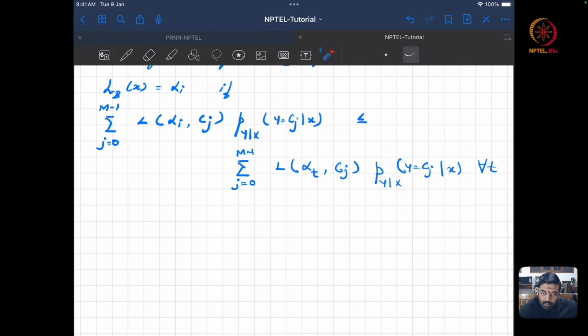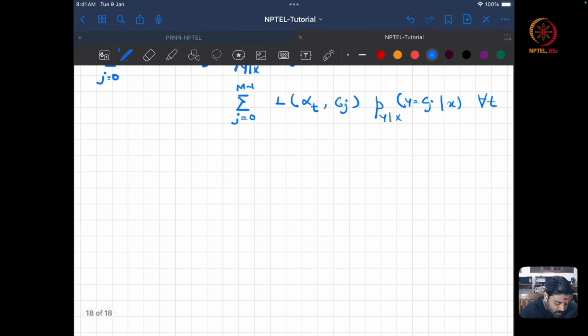Okay, and since you can have an equality, how do you break the tie? We break the tie arbitrarily. So always break ties arbitrarily.